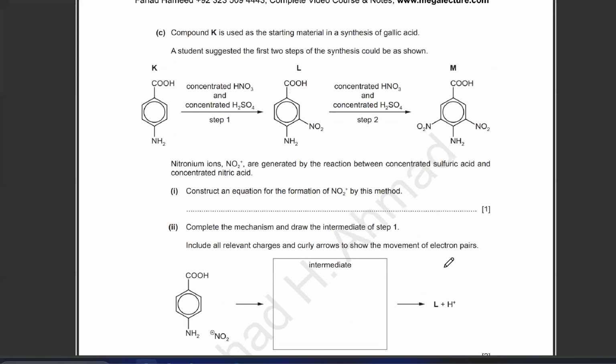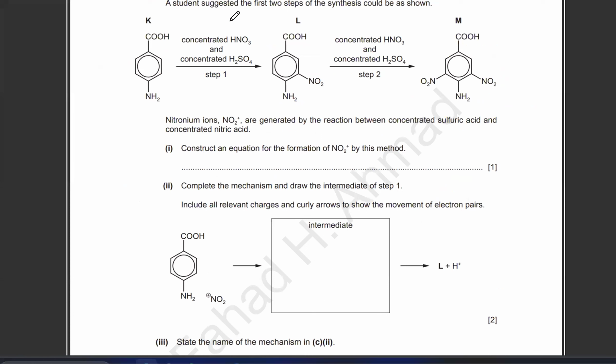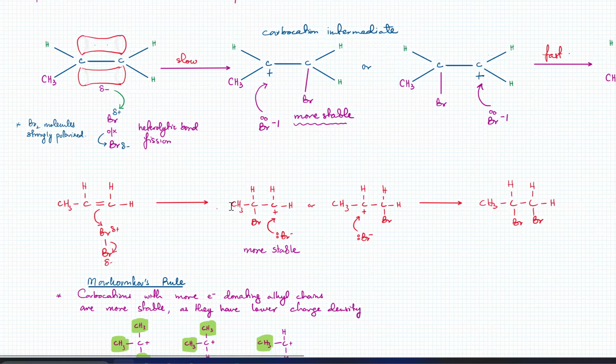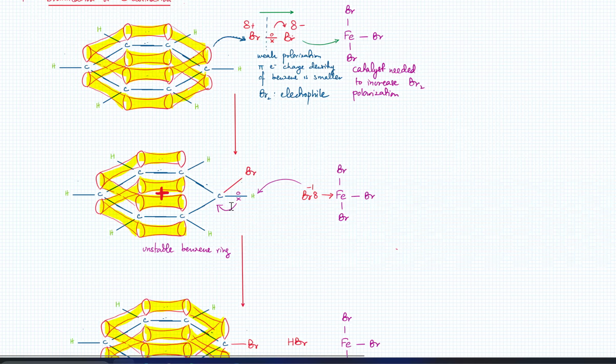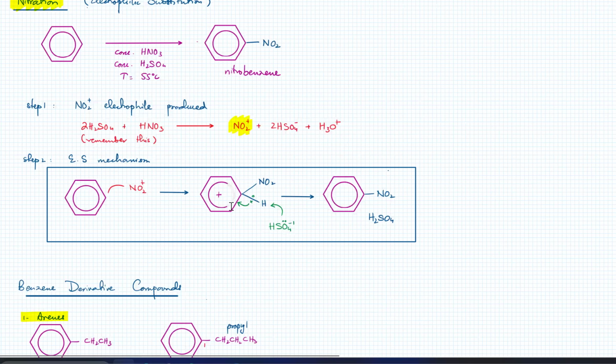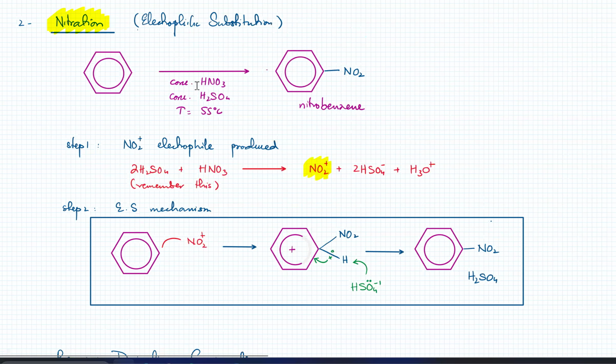So we've got this question, and he says, construct an equation for the formation of NO2 plus 1. This is nitration, right? Concentrated nitric acid, sulfuric acid. So he's asking for the equation where the electrophile gets produced. Okay, what was nitration? In nitration, what happened was that you had two steps. Step number one was that these two will react and they would form the NO2 plus 1 electrophile.